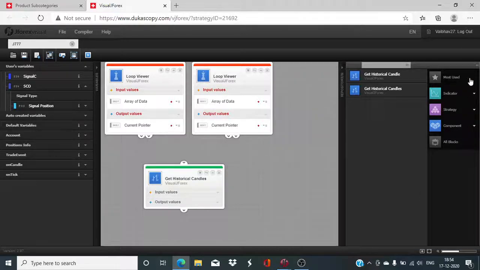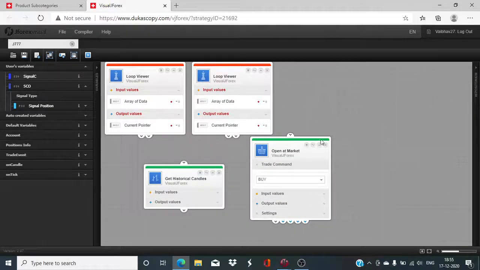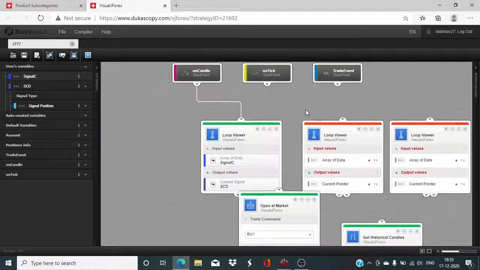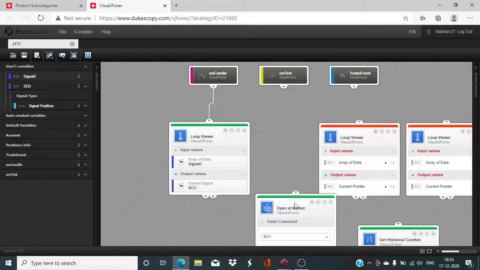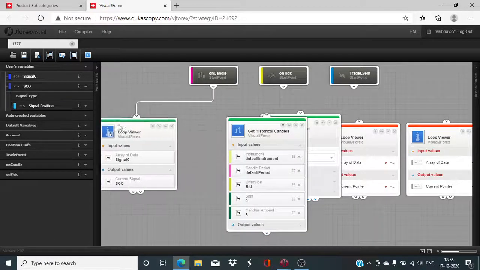And for positions, though we haven't really designed any algorithm so far, and we haven't really seen the use of the trading component, right now, to explain to you better, I will be using this, and then in a coming session at the appropriate time we will also be looking at the open and market block individual functioning. We have already seen the functioning of the get historical candles block.